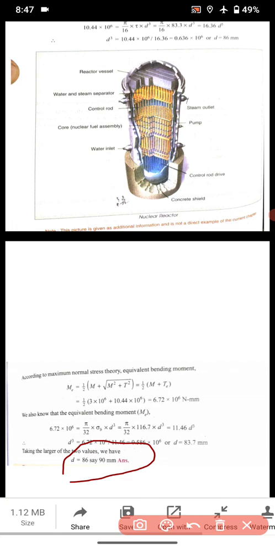Now we are able to understand how the combination of both, that is bending moment and twisting moment, will be derived or solved.